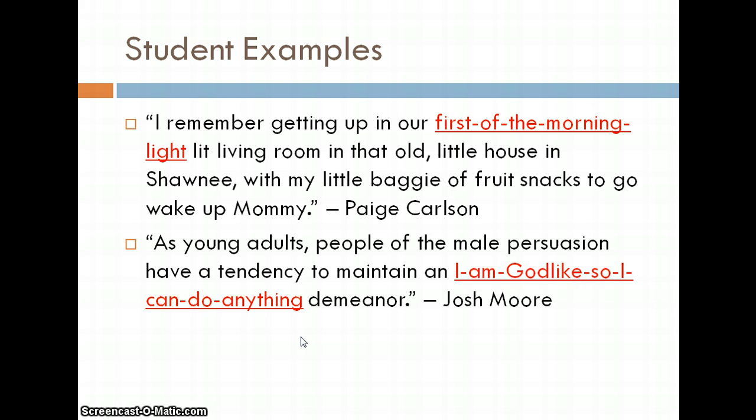The second student example is, as young adults, people of the male persuasion have a tendency to maintain an I-am-godlike-so-I-can-do-anything demeanor. Again, instead of using the simple word cocky, Josh Moore decided to use the hyphenated modifier of I-am-godlike-so-I-can-do-anything demeanor.